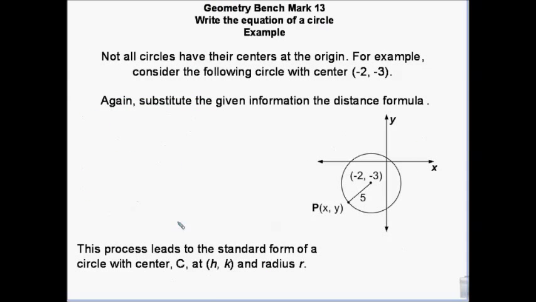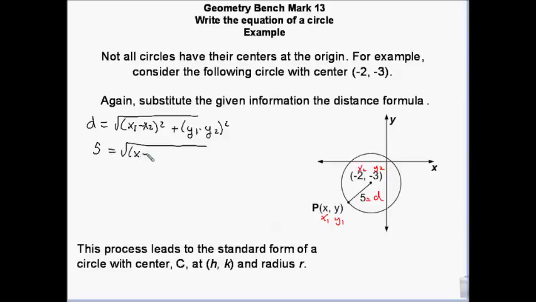Which brings us here. If I call this x1, y1, x2, y2, and this is still d, and I plug everything in the same way I did before, I have 5 is equal to the square root of x minus 2 squared plus, it's x minus negative 2, so that's x plus 2, y minus negative 3, so y plus 3 squared.